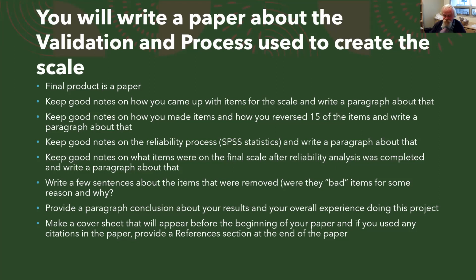Right? Then you're going to write a little paragraph conclusion about your results and your overall experience doing this project. And this thing will be worth 50 points. Okay, you'll have a cover sheet on this, and then you'll have all of your paragraphs in there about each step in this process. Okay.